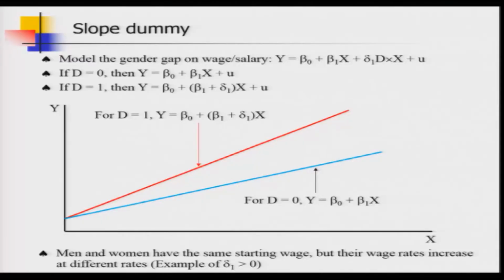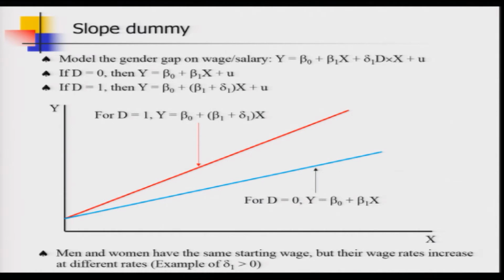In this slide we are going to talk about the slope dummy. In the previous one we talked about the intercept dummy. Here we have a new model, but with the same old story. The new model says y equals beta naught plus beta 1 times x. Note that delta naught times d has disappeared.